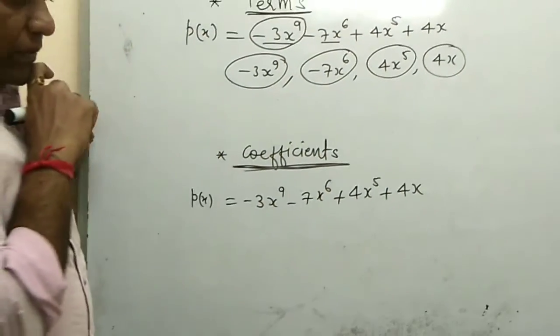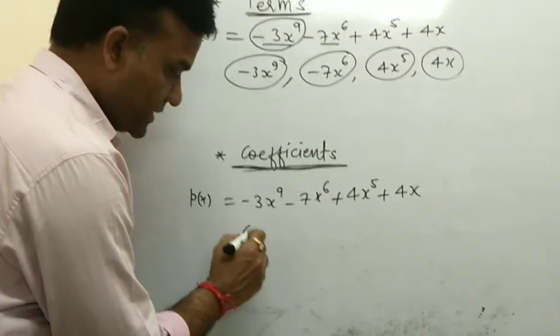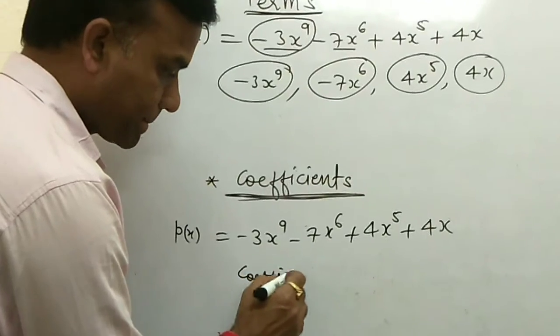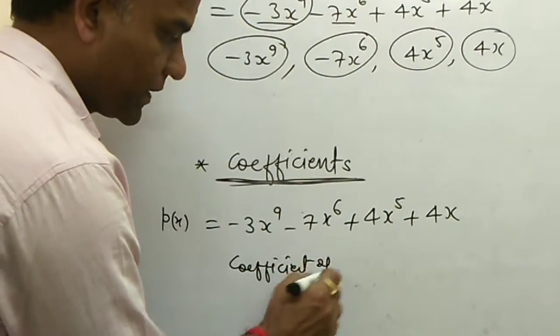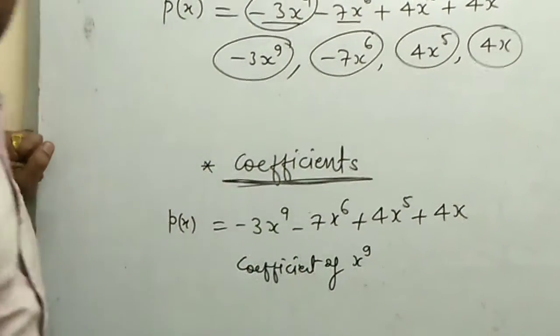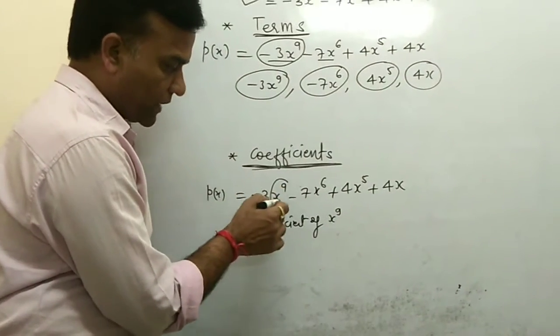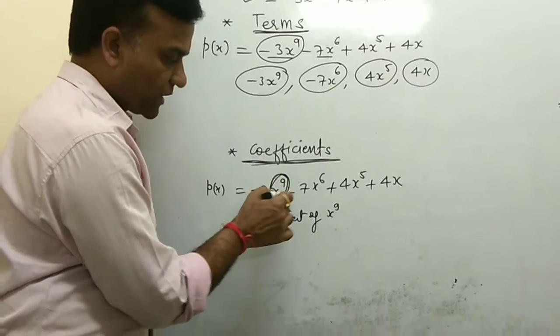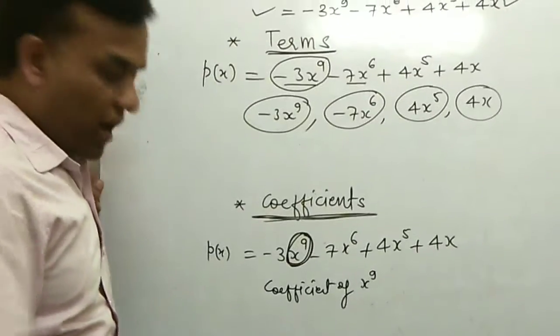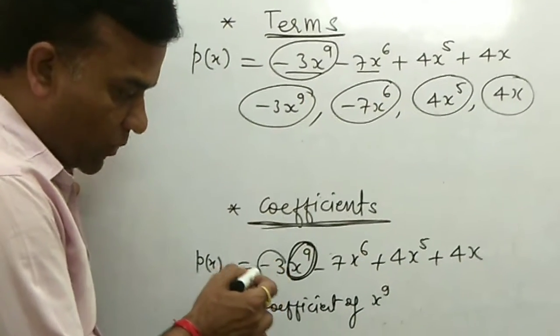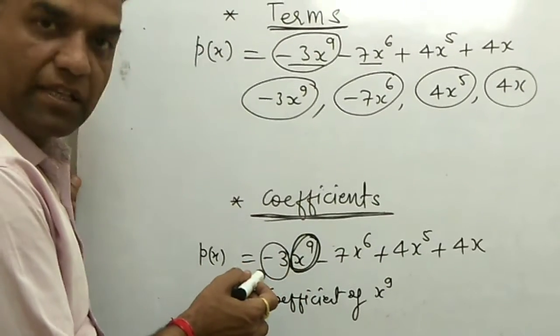Okay, and now you write down the coefficient of x to the power 9. It means what is given with x to the power 9? First you underline or circle x to the power 9. Other than x to the power 9 is the coefficient. So other than x to the power 9 is minus 3.